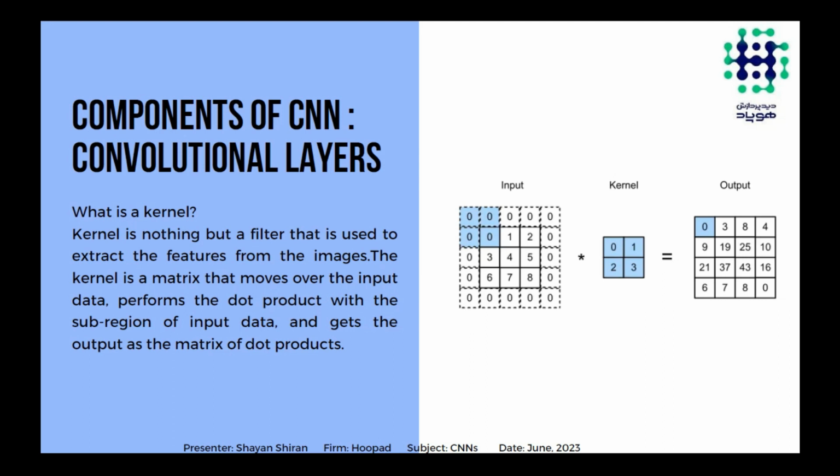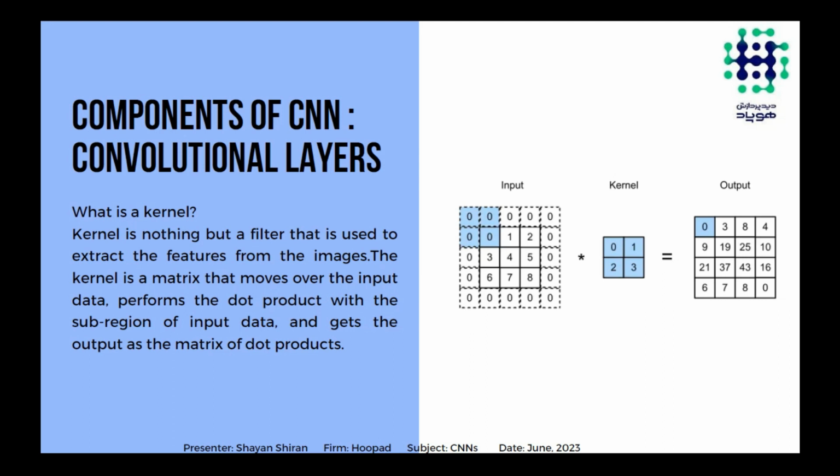As I said, the kernel moves over the input data and performs a dot product with the subregion of the input. It depends on the kernel size and the stride. Stride is, we can say, the number of pixels to be shifted.